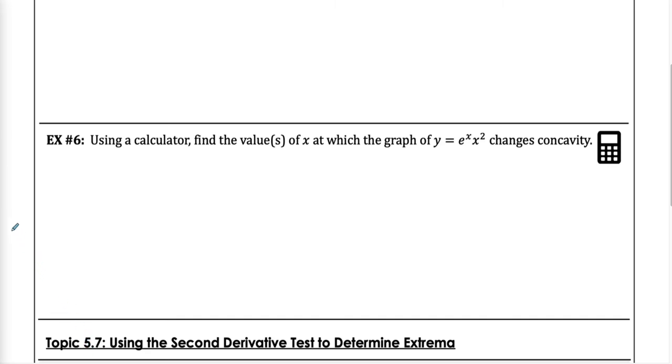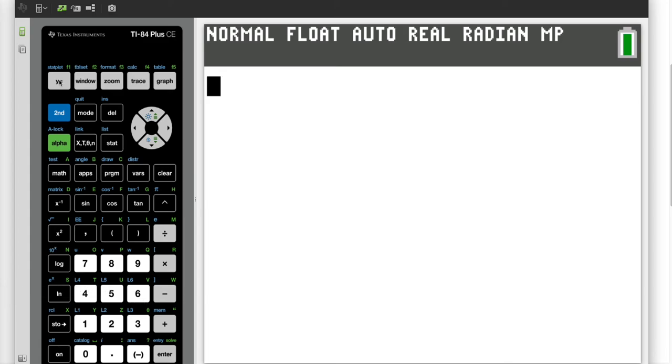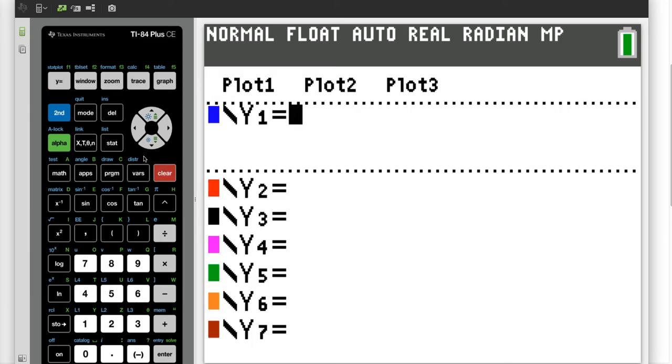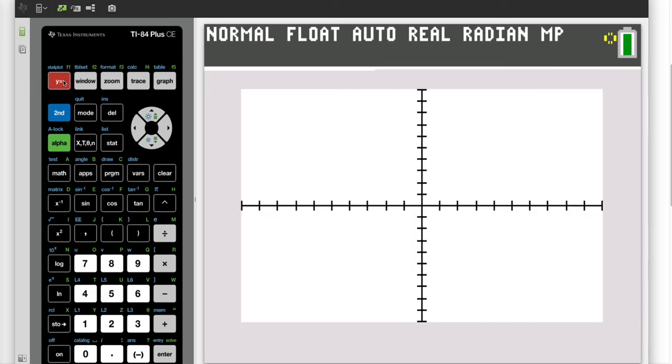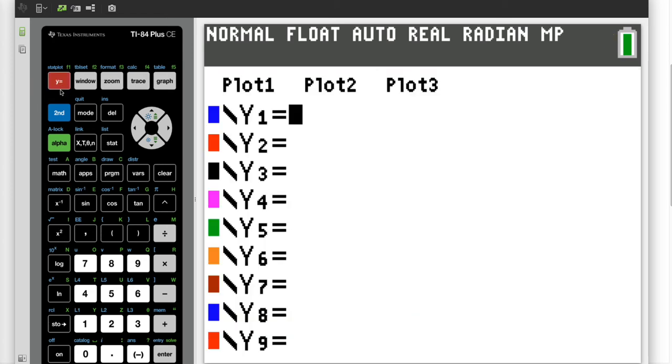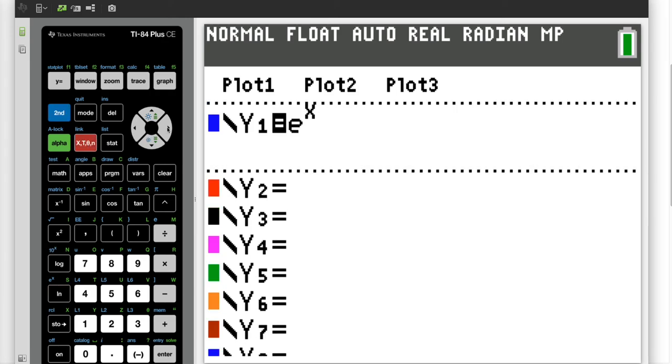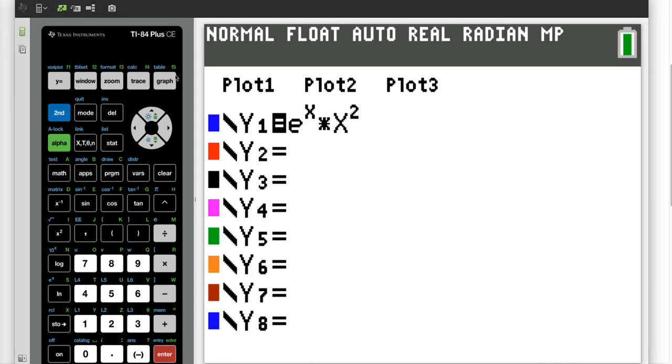So e to the x, x squared. I wanted to clear everything first. E to the x times x squared. And I'll take it step by step with you guys.